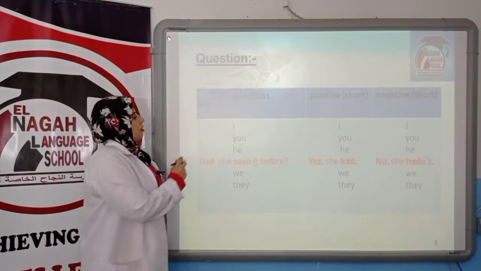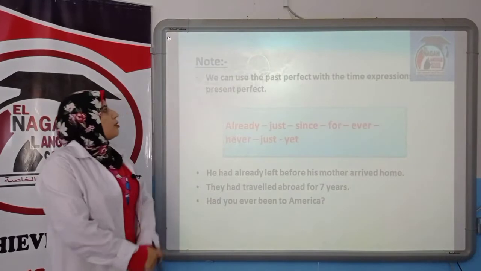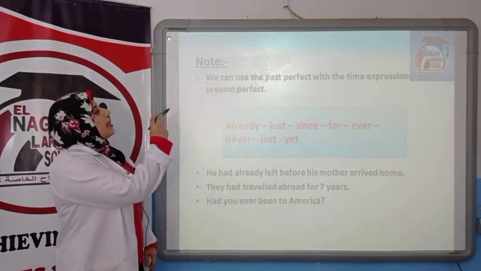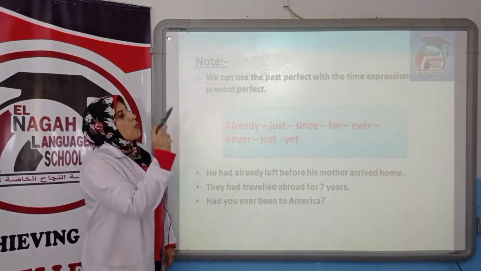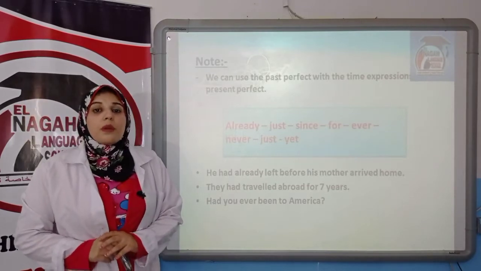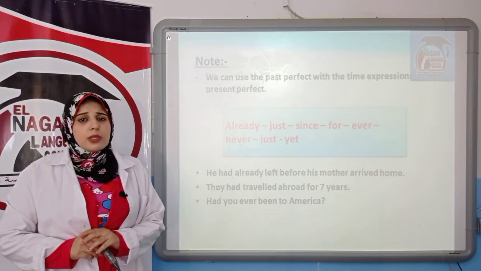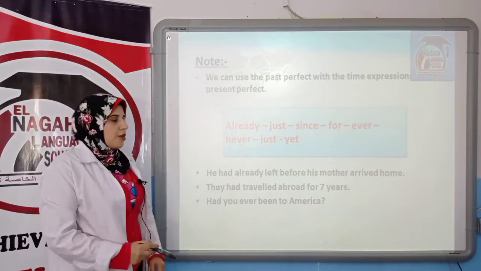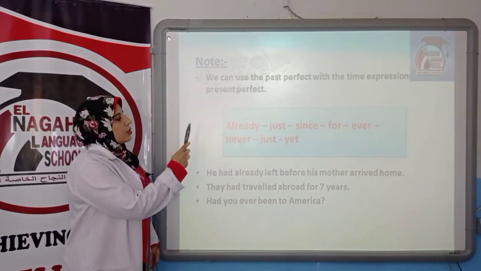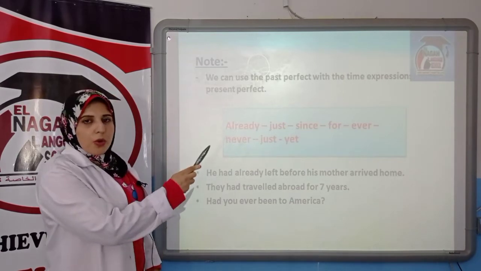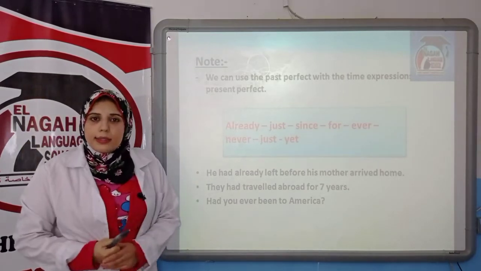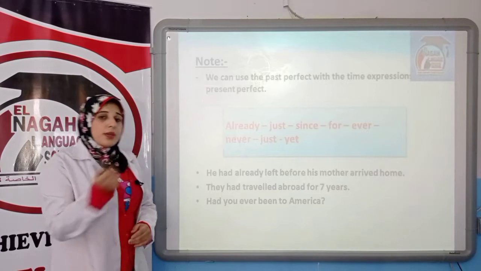Note, we can use the past perfect with the time expressions of the present perfect. What are the time expressions of the present perfect? They are already, just, since, for, ever, never, and yet. Look at the examples.